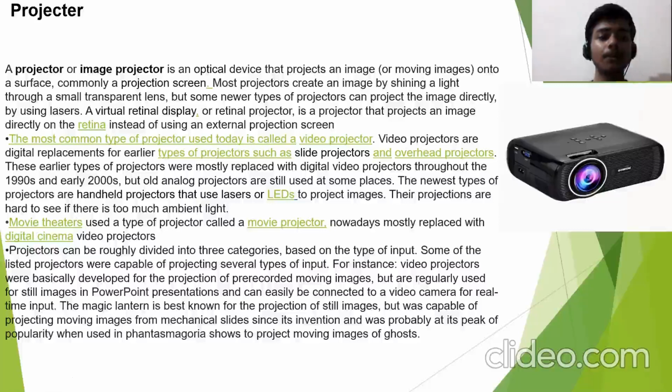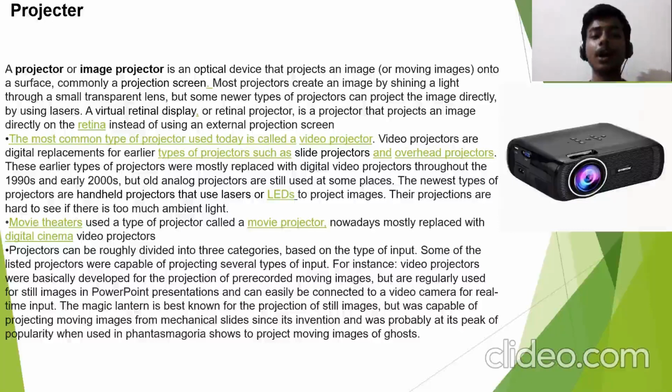The most common type of projector used today is called a video projector. Video projectors are digital replacements for earlier types of projectors such as slide projectors and overhead projectors. These earlier types of projectors were mostly replaced with digital video projectors throughout the 90s and early 2000s.